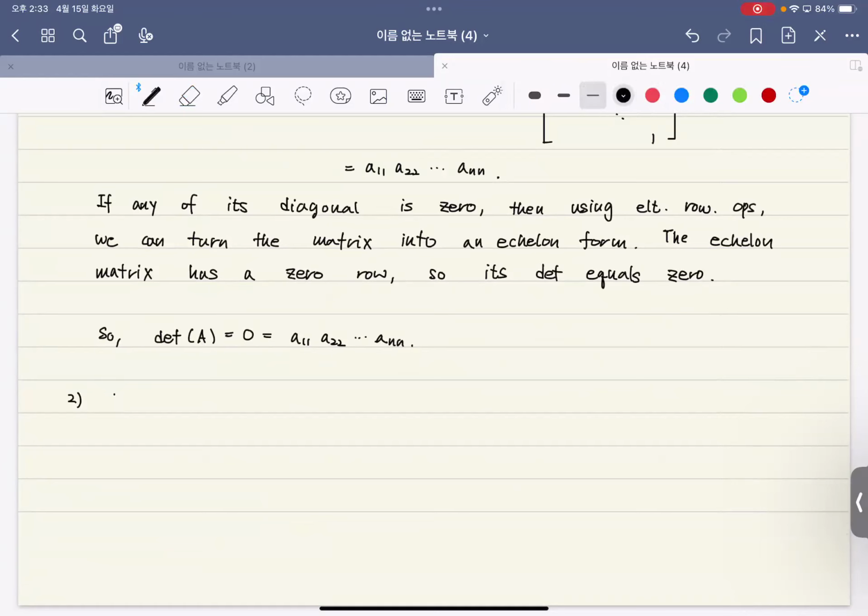The determinant of A is plus or minus the determinant of the echelon matrix U. The sign must be plus if the number of row exchanges was even, and negative if the number of row exchanges is odd. Anyway, the determinant of A is plus or minus the determinant of U, and because of statement number 1, this is the product of all those diagonals.